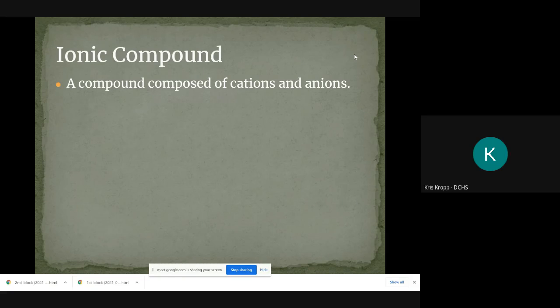Those things are made up from cations and anions. In other words, elements have transferred electrons. One atom gave, one atom took. And then as they became these ions, they're attracted to each other because of their opposite charges. That's an ionic bond. And we call those substances ionic compounds.